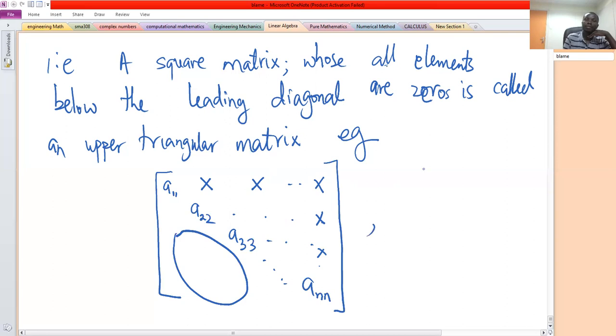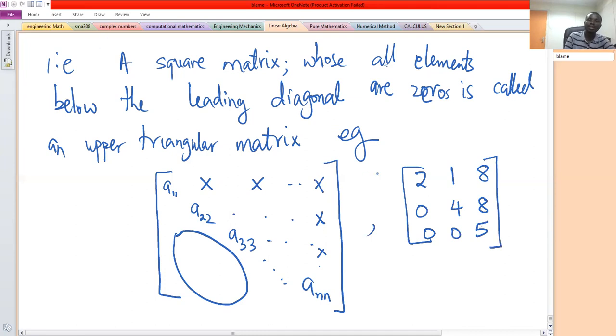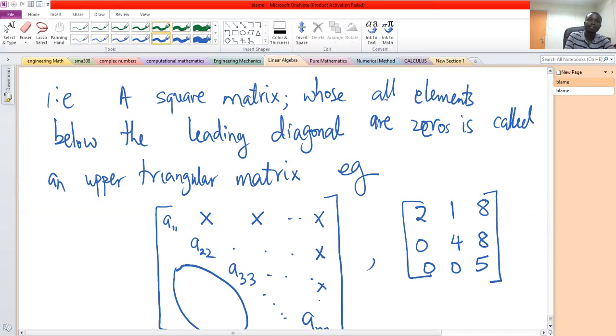So this is a general form. Or if I have 2, 1, 8, 0, 4, 8, 0, 0, 5, this is an upper triangular matrix because if you identify the main diagonal, everything below it, all the elements, are zeros.